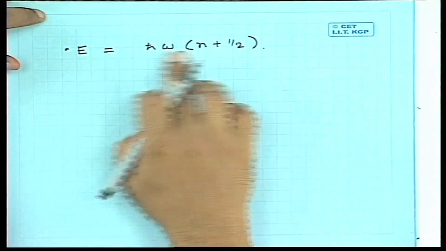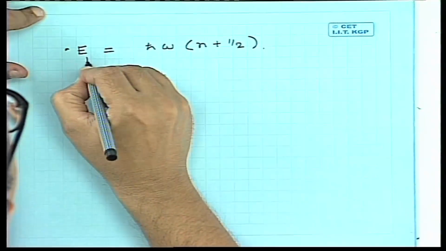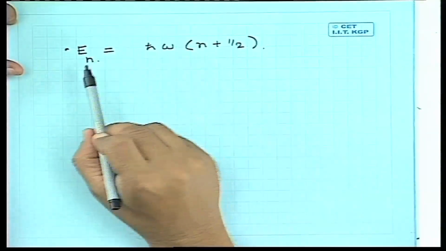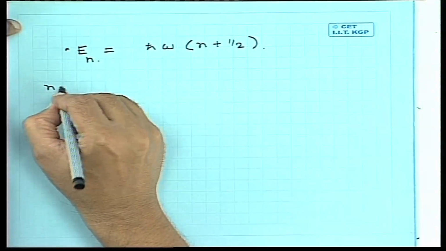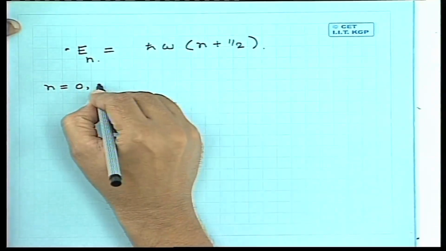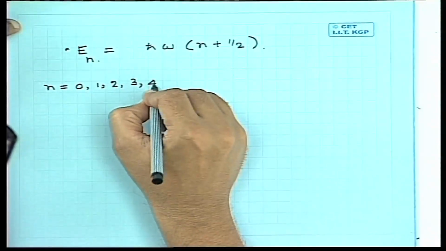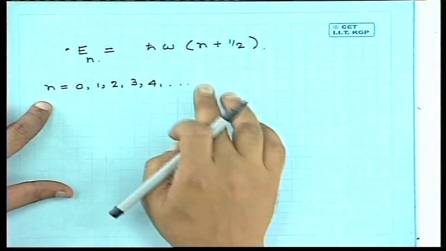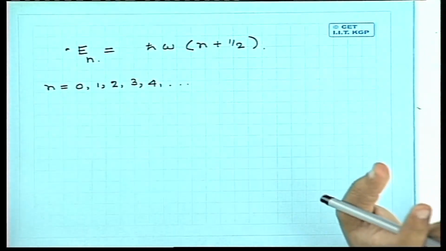Or we can put a subscript n here to indicate that it is the energy corresponding to the value n, and n can take values 0, 1, 2, 3, 4, etc. If n is not an integer, the wave function is ill behaved, and such values are ruled out.